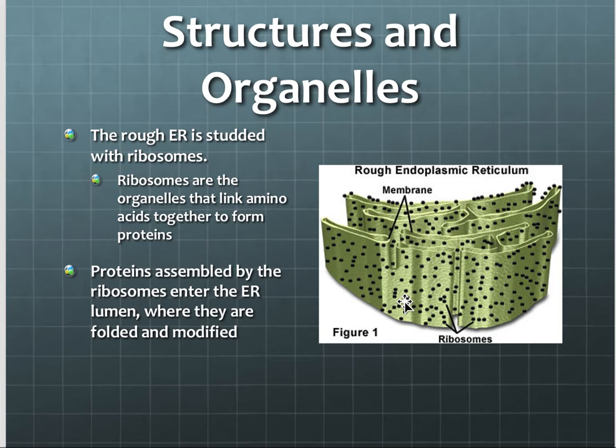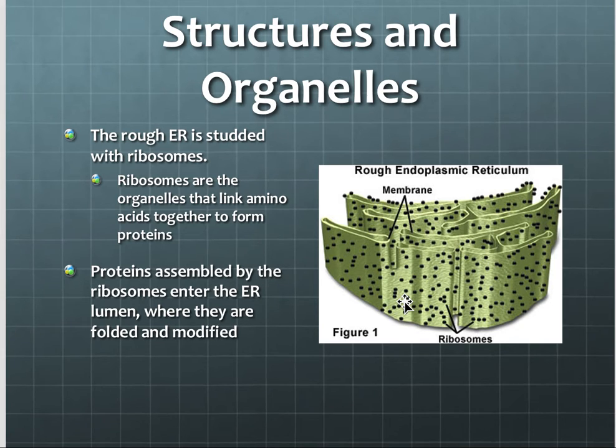Ribosomes are the little organelles that put those amino acids together to form the proteins. They're going to assemble the amino acids, and they're going to join those amino acids by peptide bonds.